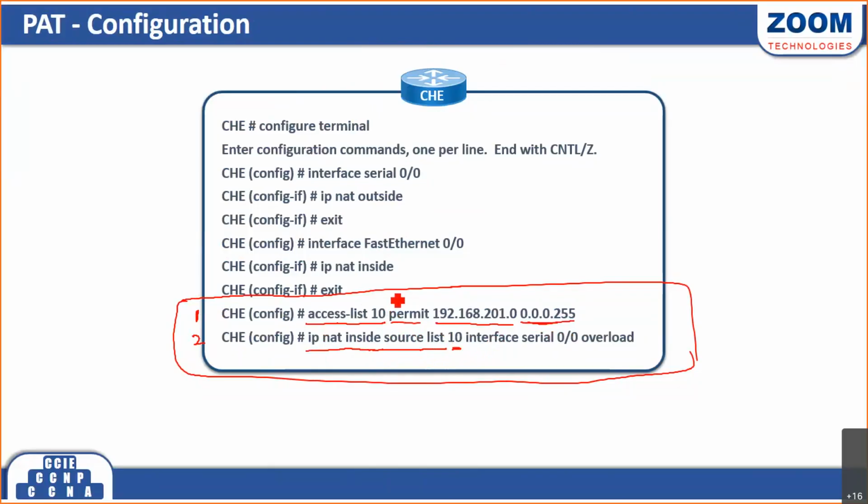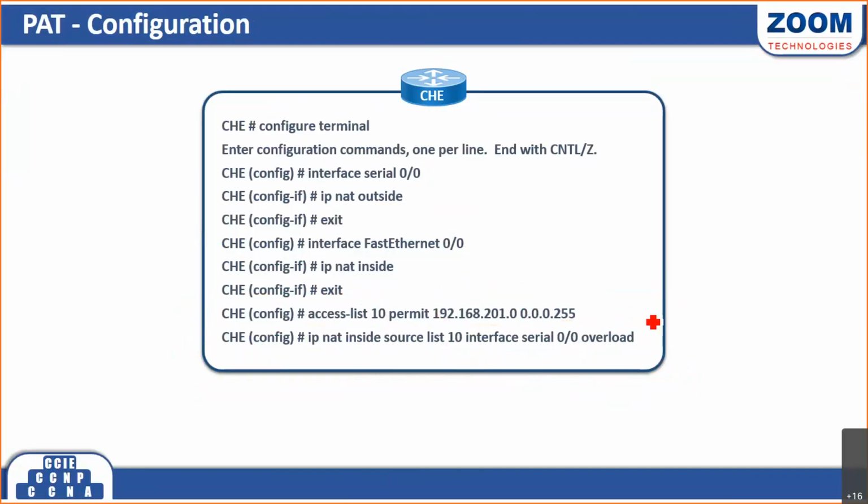What is the ACL number? 10. Permit. To whom? The whole network. And traffic has to go via which interface? Interface serial 0. Overload means all the network traffic you forward with one public IP address. Like this.